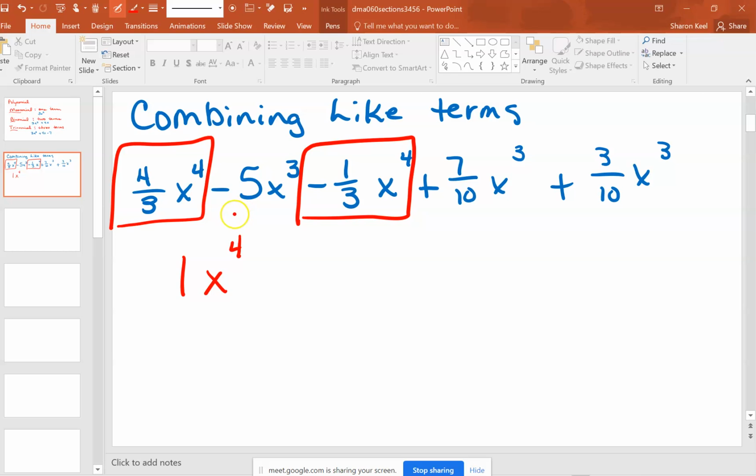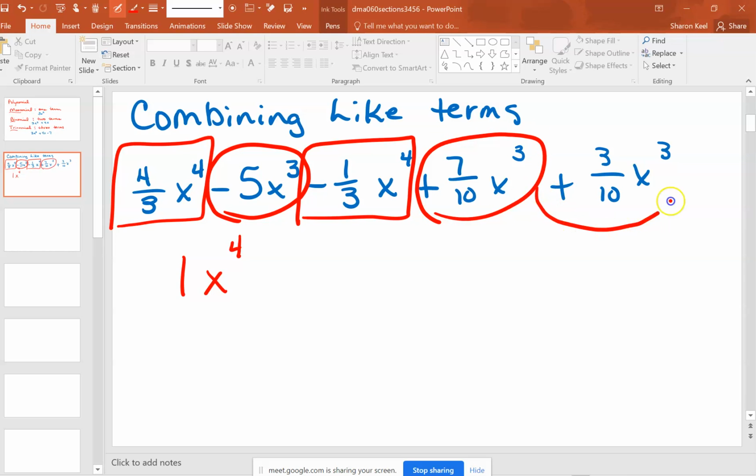Then we're going to combine the like terms that all have x cubed. So I'm going to put circles, and do you notice I'm circling the sign also? You need to circle that too. We're going to do -5 plus 7/10 plus 3/10.